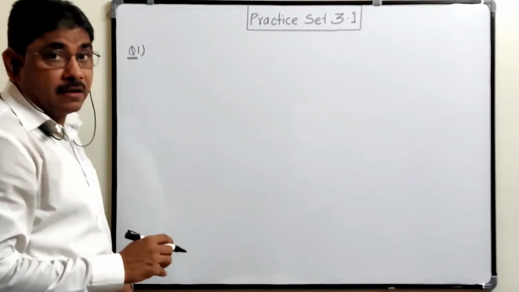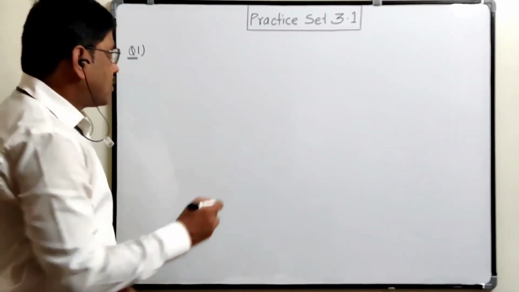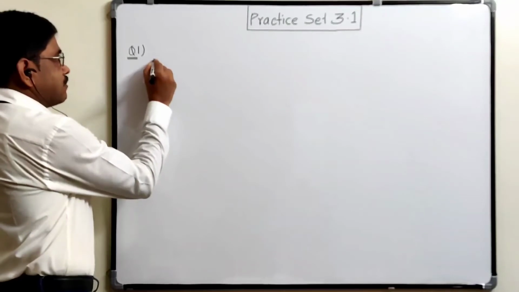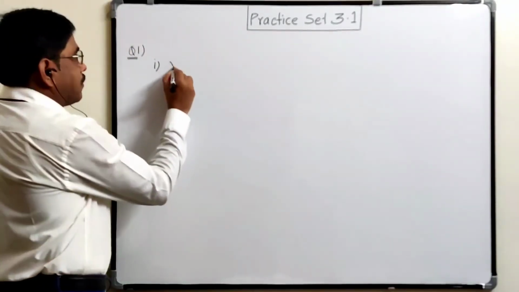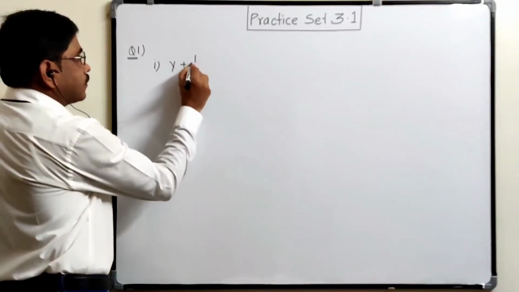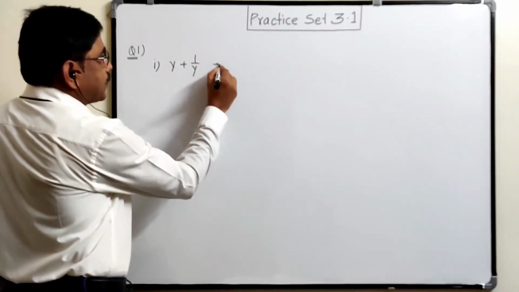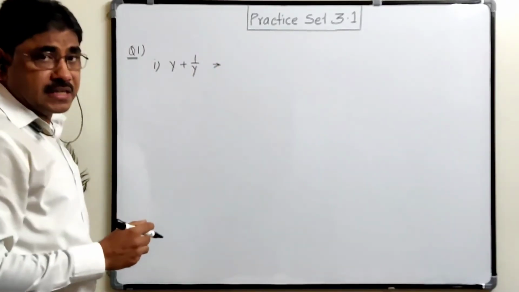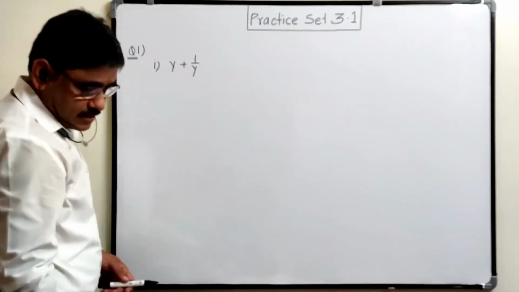Means we have to decide whether the given expression is polynomial or not a polynomial. Let us see first example from this one. This y plus 1 upon y. We have to write whether it is polynomial or not a polynomial, and if it is not a polynomial, then we have to write the reason.